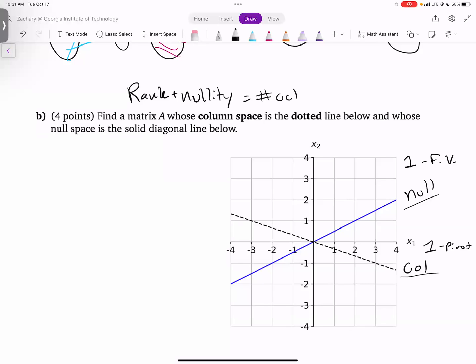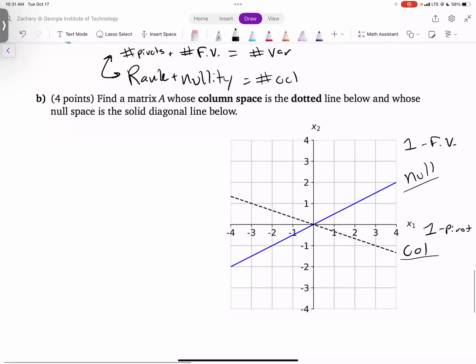Okay, and what rank nullity boils down to is the dimension of our column space plus the dimension of our null space is equal to number of variables, which makes sense. Number of pivots plus number of free variables equals number of variables. These are the exact same equation. Okay, rank is equal to number of pivots. Nullity is the dimension of our null space, which is number of free variables.